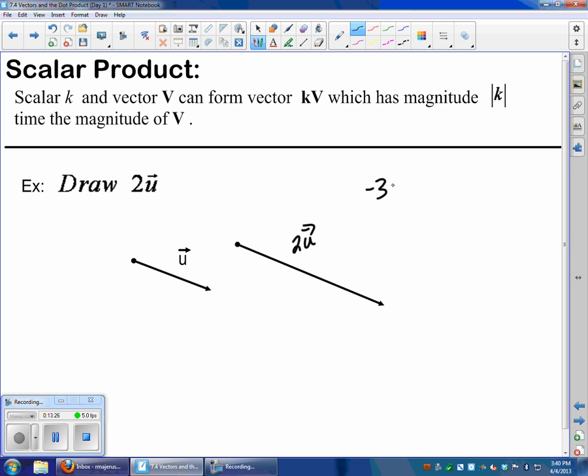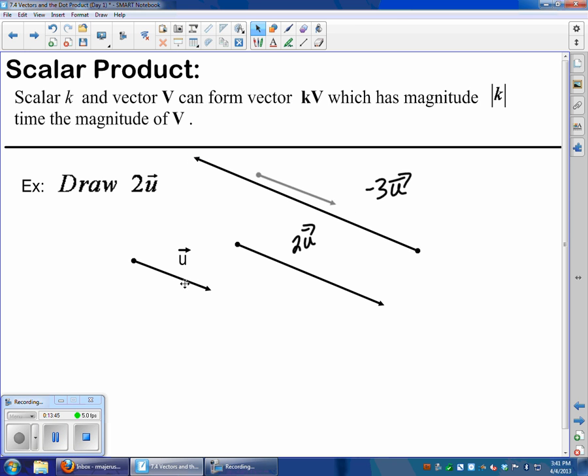If we're talking about vector negative 3u, the scalar is negative 3, and we multiply that times vector u. In this case, we do need to flip the direction of the vector. The magnitude is still going to get tripled, so that's roughly 3 times longer than u: 1, 2, 3, but then it also faces the opposite direction.